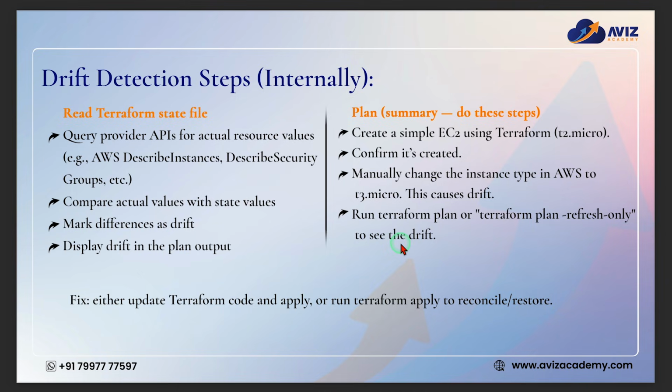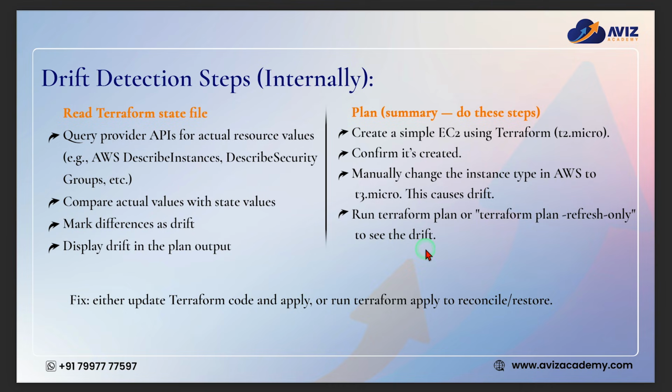Obviously, it won't update as we made changes outside of Terraform. Then I'm going to run Terraform plan refresh only to see the drift status. When I run Terraform apply, it will reconcile and restore the resources with the changes we have in our code.